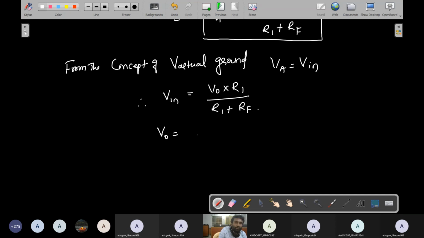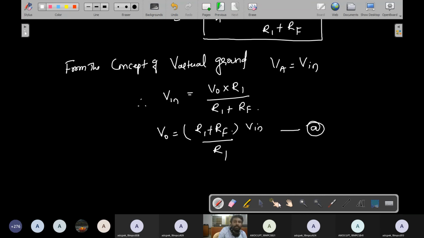So V0 is equal to R1 plus RF, times Vin divided by R1.